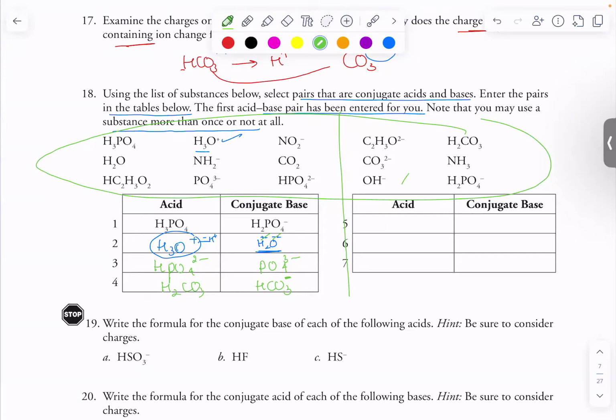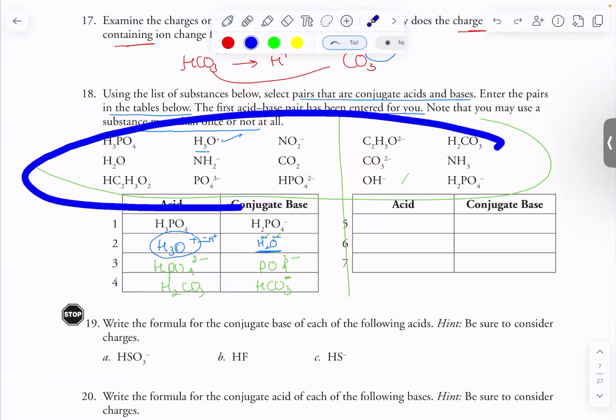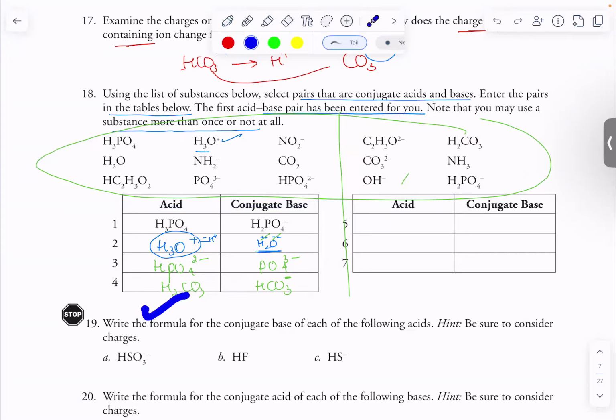You did H2CO3 and HCO3 minus. You can't use this as well. Can you see H2CO3 is not there in the list? So you can't.